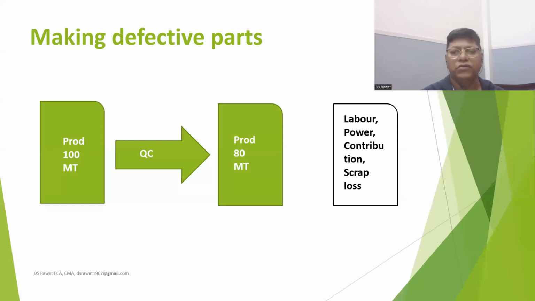Similarly, there is labor cost. Similarly, there are indirect overhead, which are incurred in the company. Similarly, there is a loss of contribution, because 20 rupees is the contribution on every production which we have lost. That should also be counted in the waste cost.